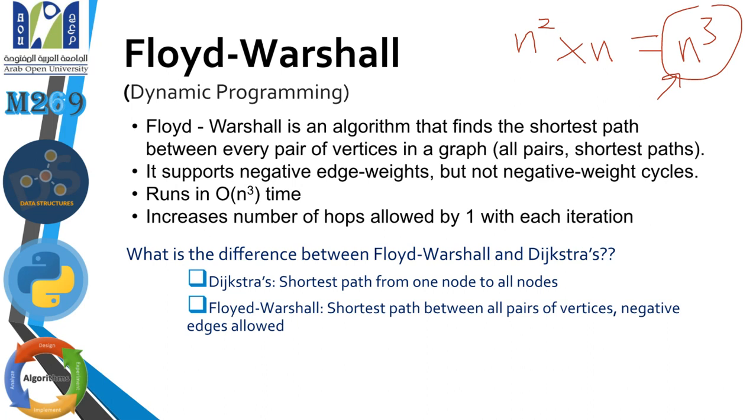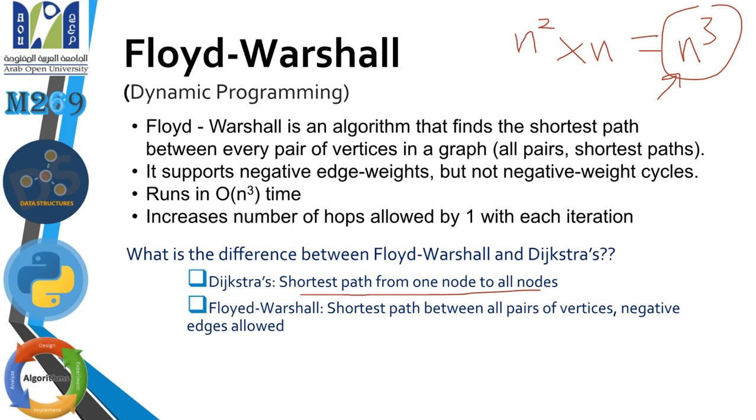In Dijkstra, we are finding the path from one node to all other nodes. But in Floyd, we are finding the shortest path between all pairs of vertices. So that is the difference. We have two differences. One is that Dijkstra does not support negative edge weights, while Floyd does.